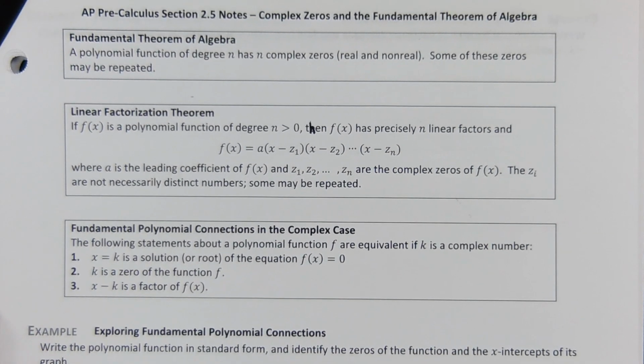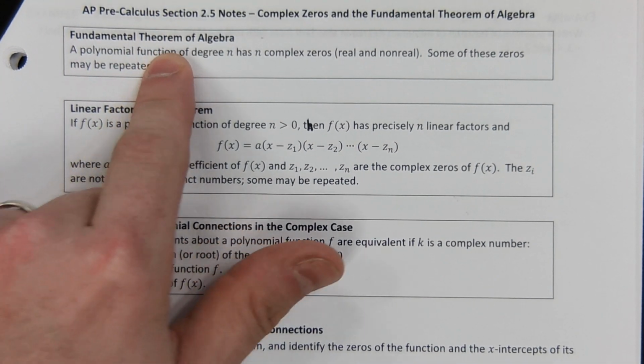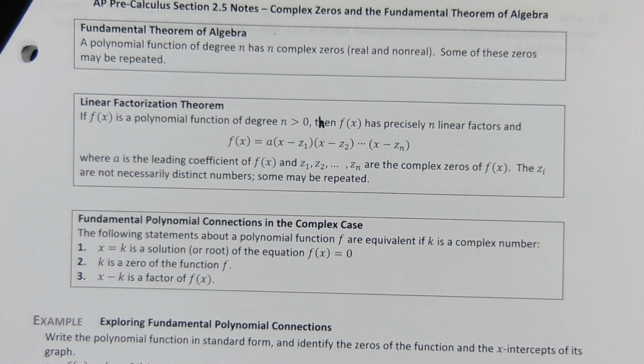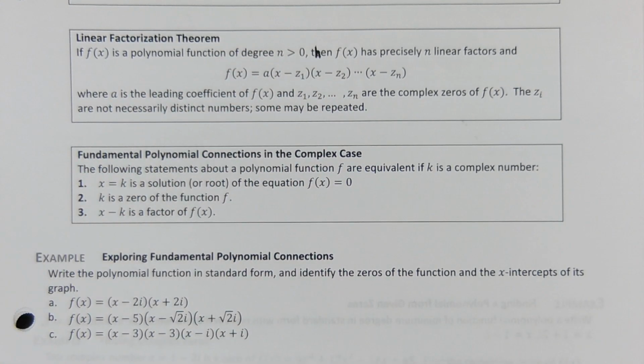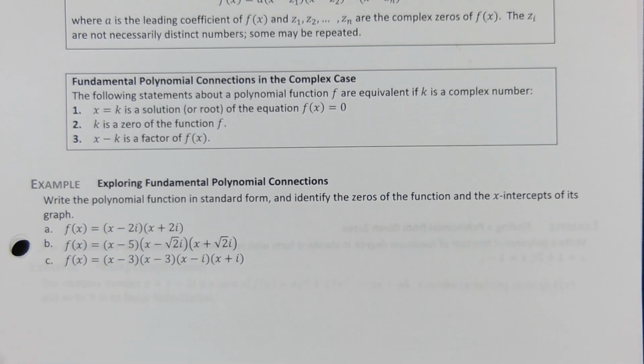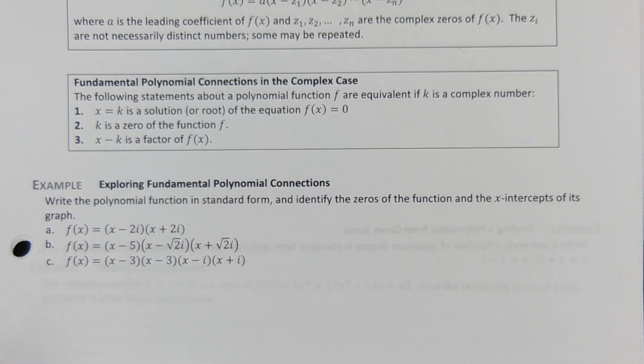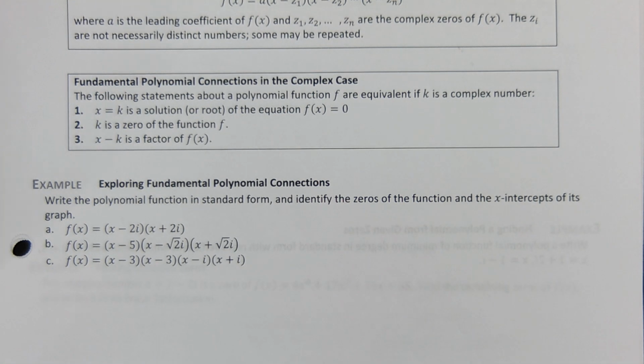So we have the fundamental theorem of algebra says all polynomials have exactly n solutions. They could be real, they could be complex, whatever. All polynomials can be factored into linear factors. Again, with real and or complex factors, okay? And then this box is the same box that we talked about a couple days ago where it said the fundamental connections that solutions were the same as x-intercepts, were the same as roots, and were the same as factors, right?